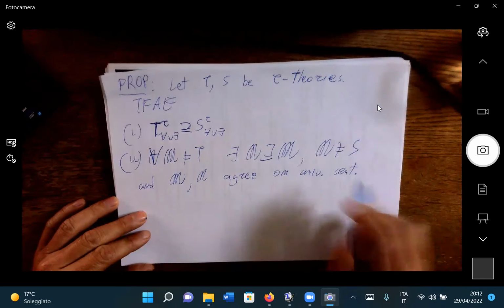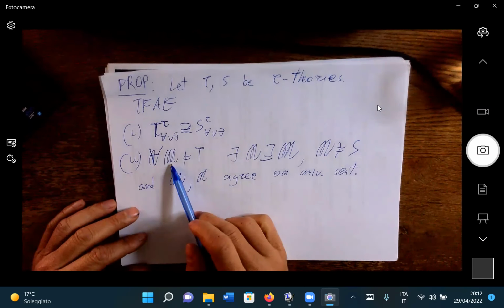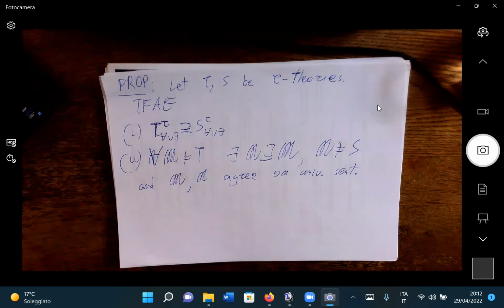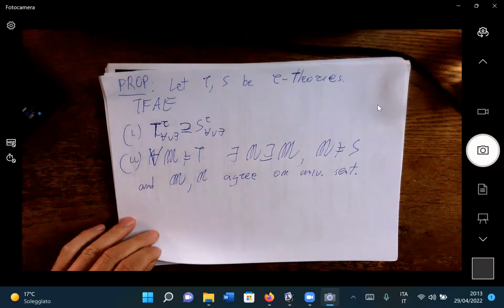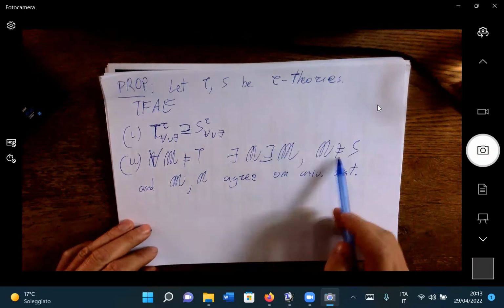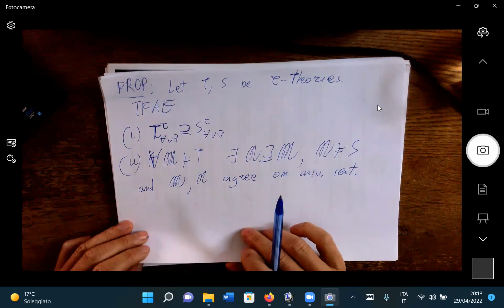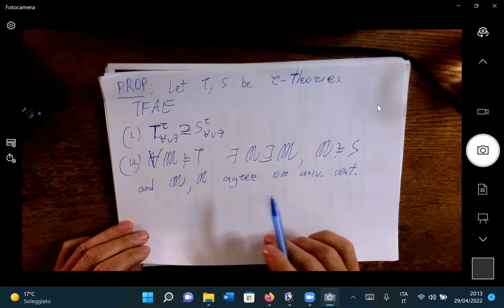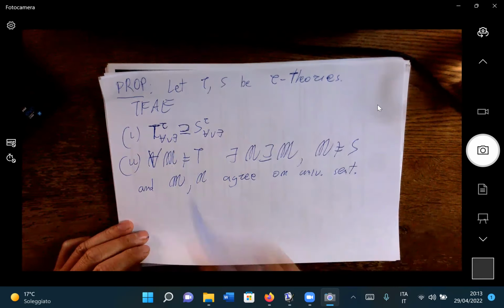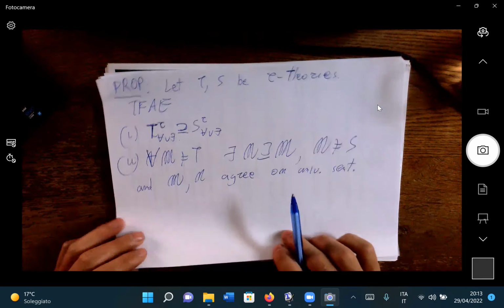So when you build the substructure of M which is a model of S, you are not forced to make false some universal sentence that was true in M. You can do the model of S while preserving all the universal sentences that were true in M. That's the equivalent of this syntactic property.